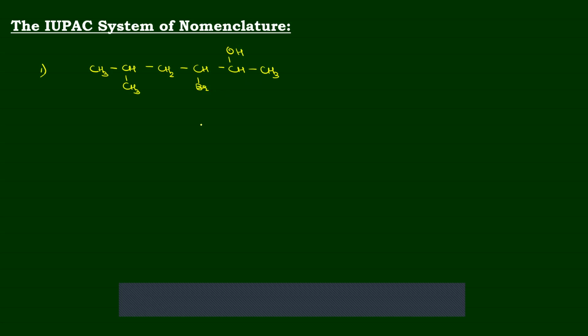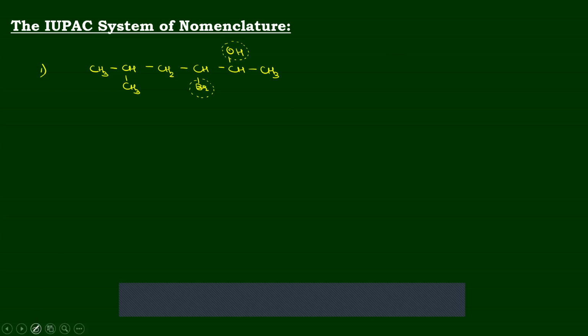Two. One is the Br, which belongs to the halide, halogen family. Another is OH, which belongs to the family of alcohol.